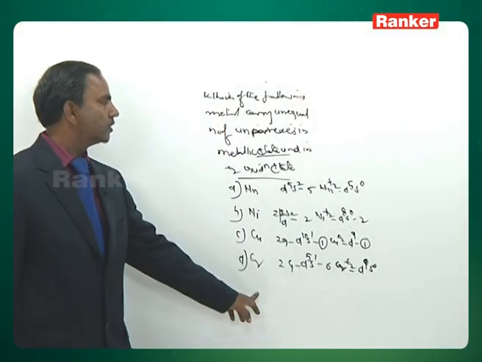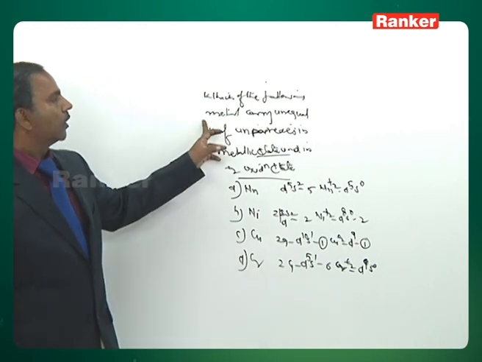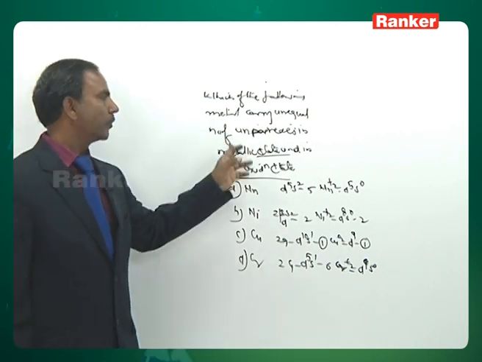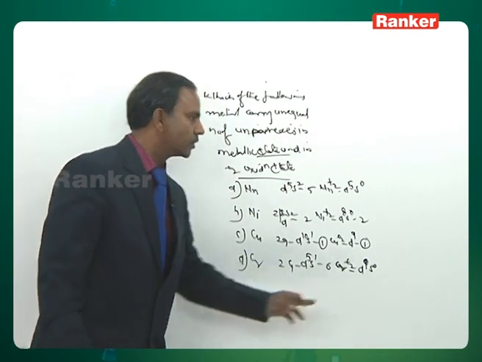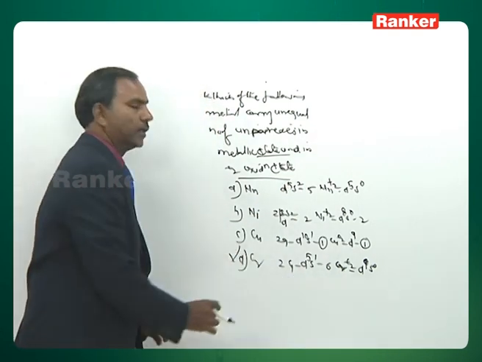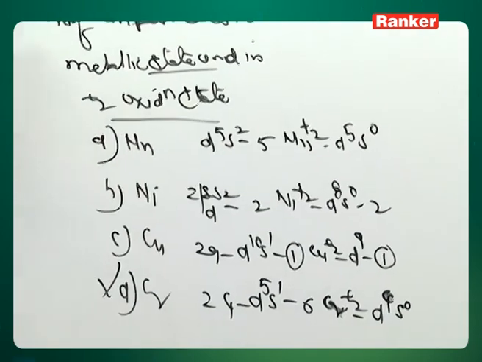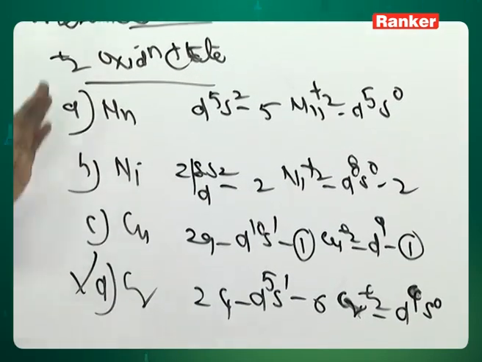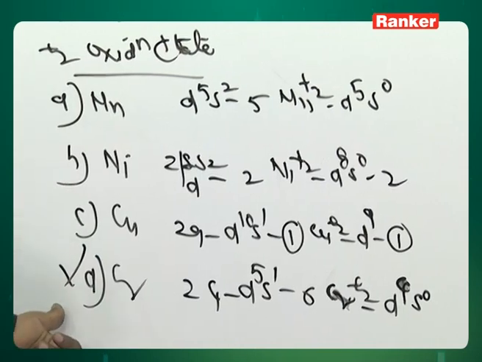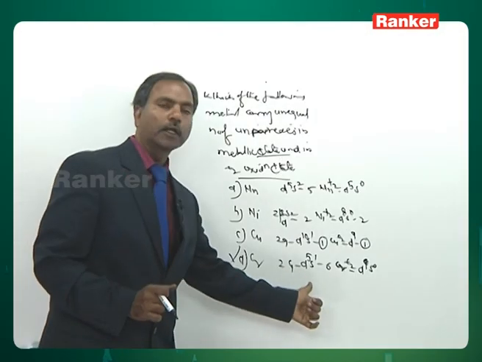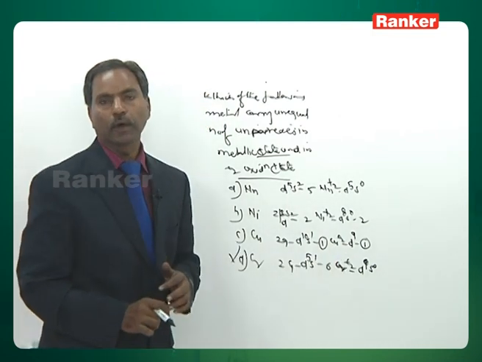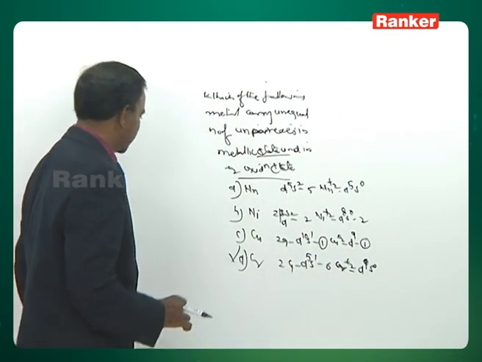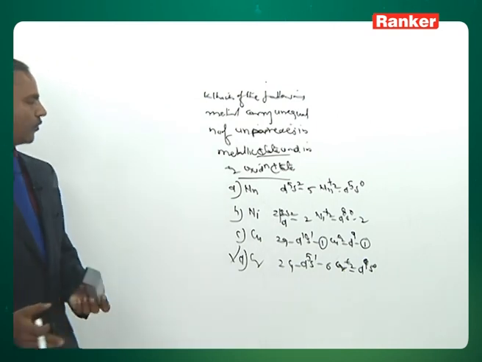So, this is actually the correct answer, D. The metal carrying an unequal number of unpaired electrons in the metallic state and in the +2 oxidation state. This question is a little tricky, but we have to think and answer. So, among all these, chromium carries an unequal number of unpaired electrons in the metallic state and in the +2 oxidation state.